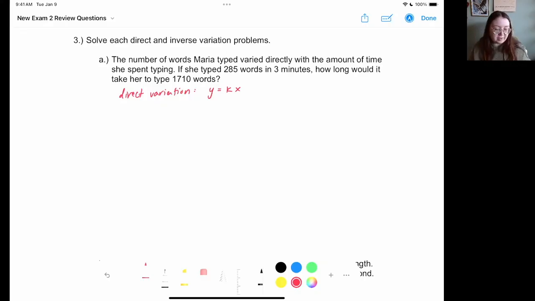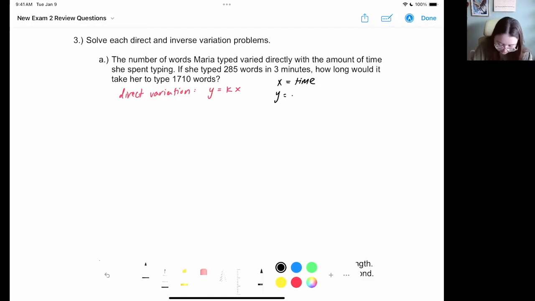So with our variation here, y equals kx, I'm going to just label what our x's and our y's are so we know what we're referencing. We're going to say that x is going to be the time, because x should always be your independent variable and time is independent.